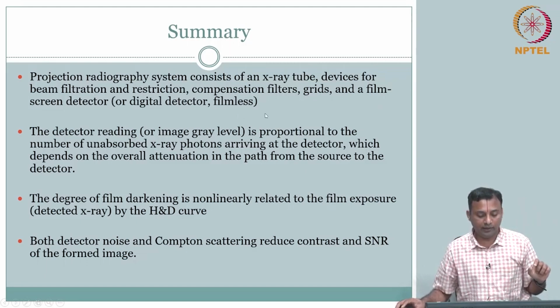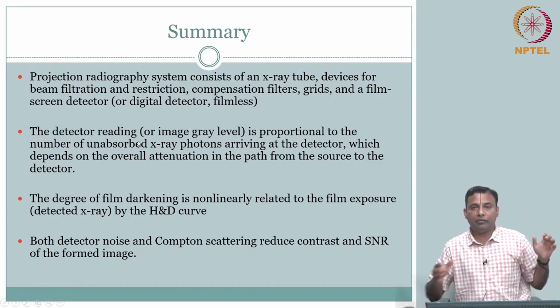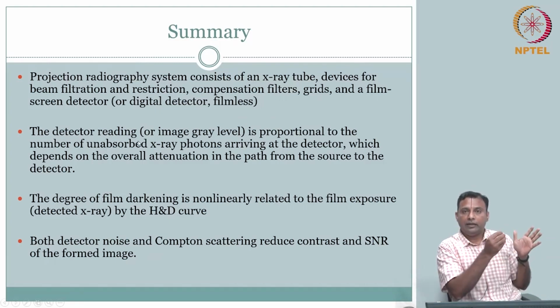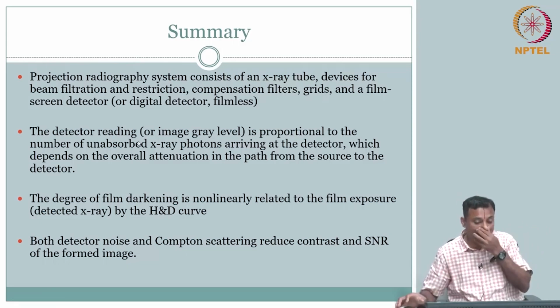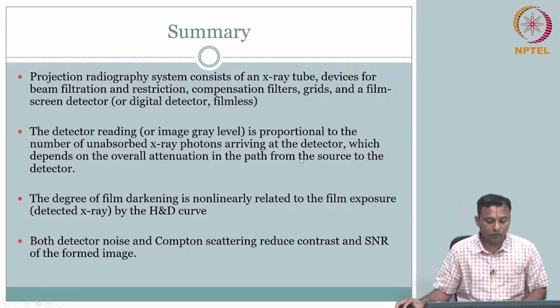We talked about all that. And then we talked about how, after it hits the detector, the input X-ray exposure is converted to light photons, how that exposes the film, and the development of the film. So, detector reading is proportional to the number of unabsorbed X-ray photons, which depends on the overall attenuation path of the source.